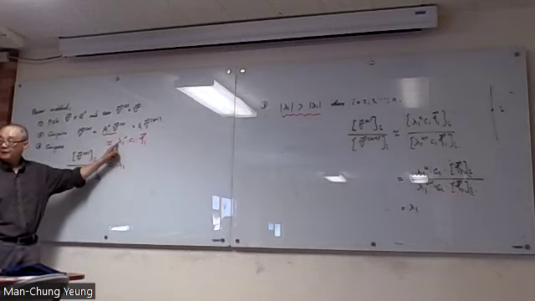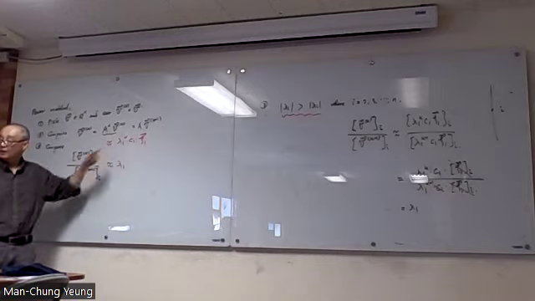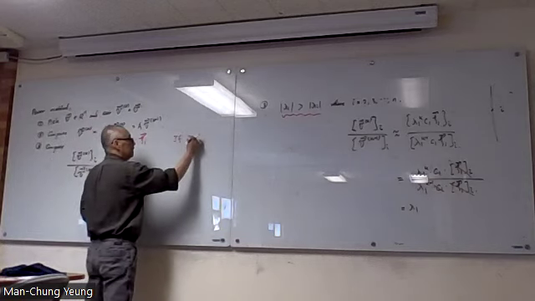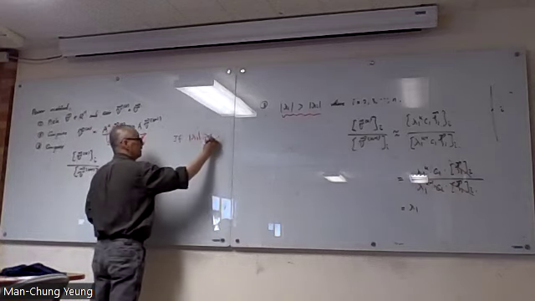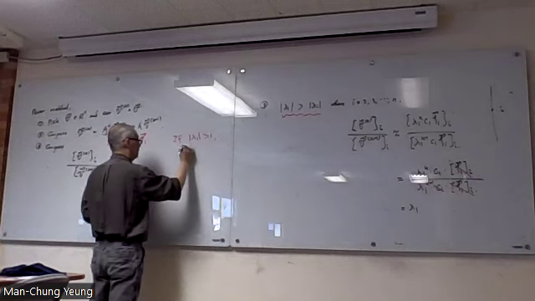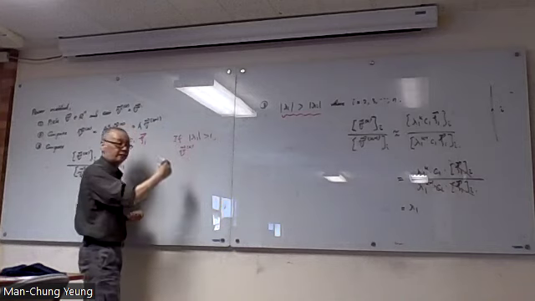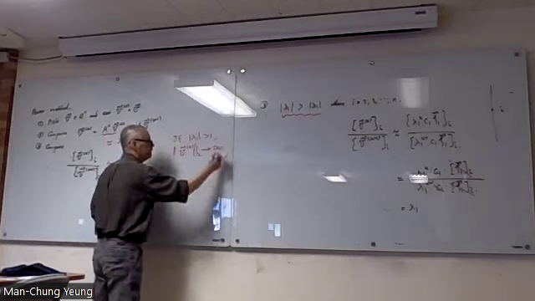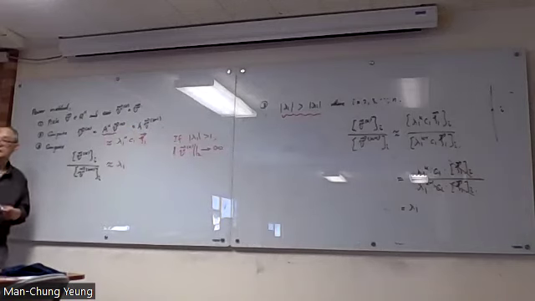When the absolute value of lambda 1 is greater than 1, the length of Vk approaches infinity.